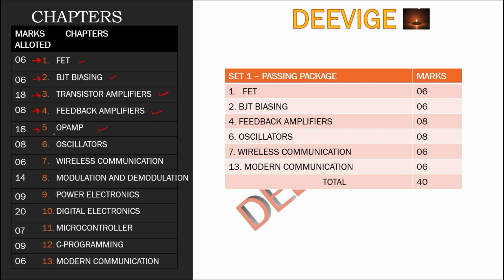So I'll divide this on a priority basis as set 1, set 2, set 3, wherein set 1 will give an insight about the passing package.